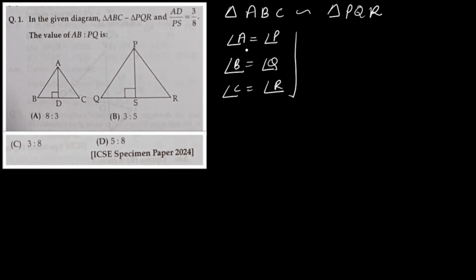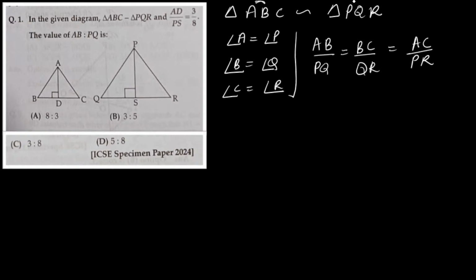So angle A equals angle P, angle B equals angle Q, angle C equals angle R. Also, the ratio of the corresponding sides is equal: AB by PQ equals BC by QR, and this equals AC by PR.